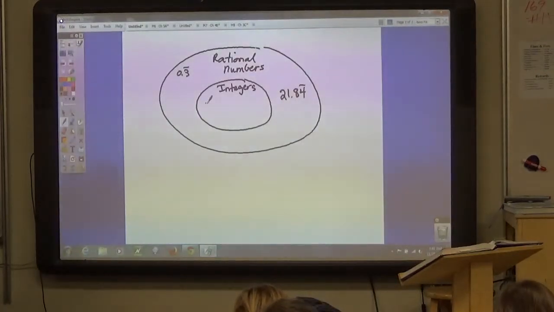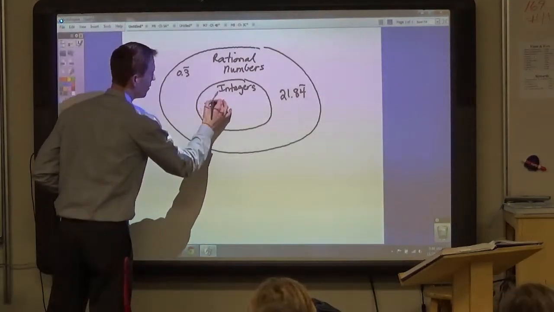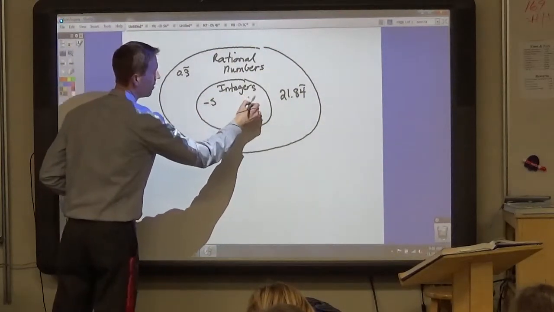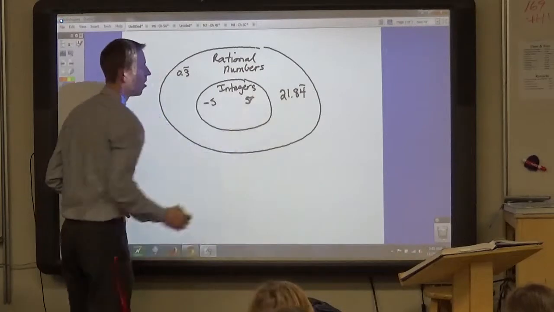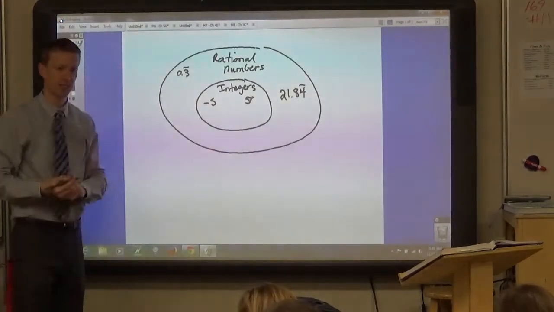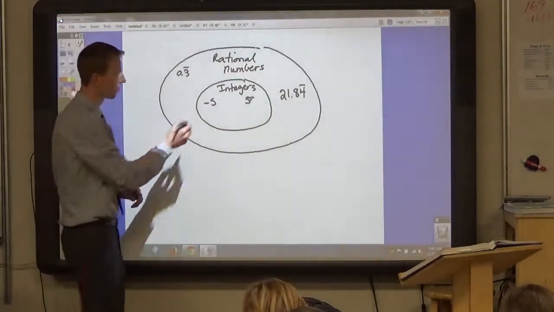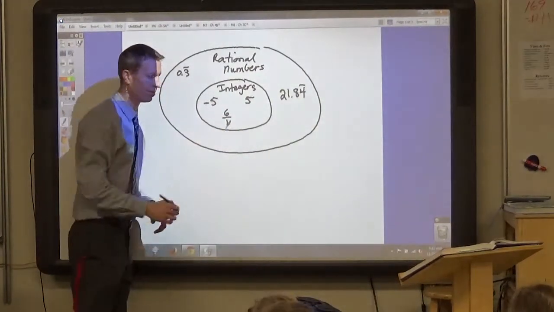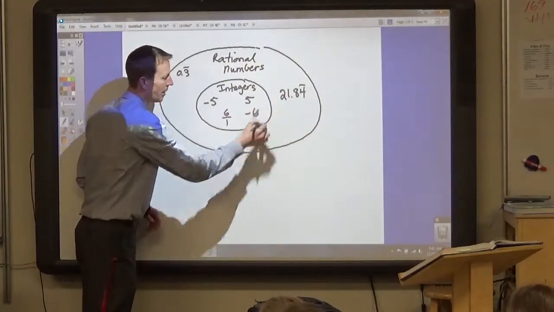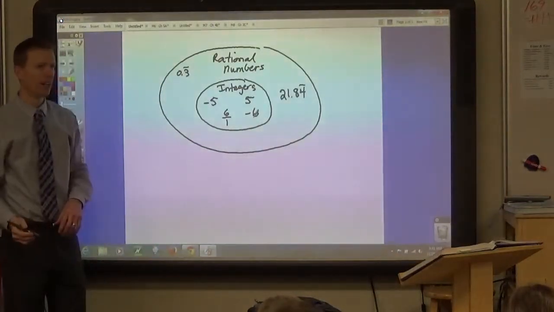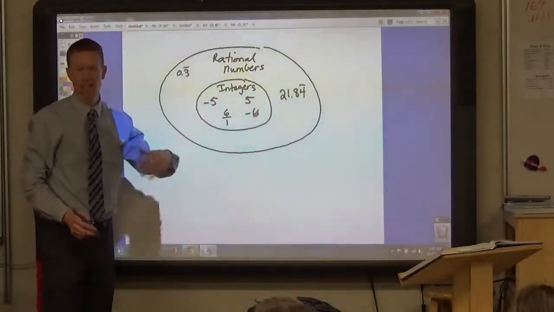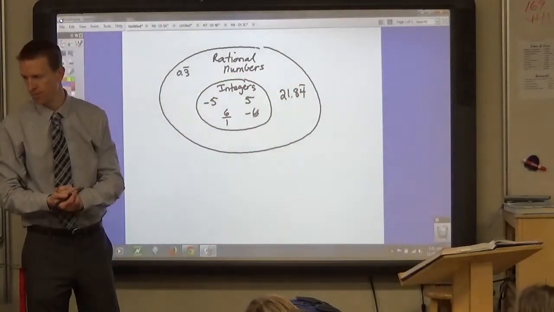Okay? -5 is an integer. 5 is an integer. All whole numbers and their opposites are integers. 6 over 1. -6. Okay? Fractions and repeating decimals, things like that, those are not integers.